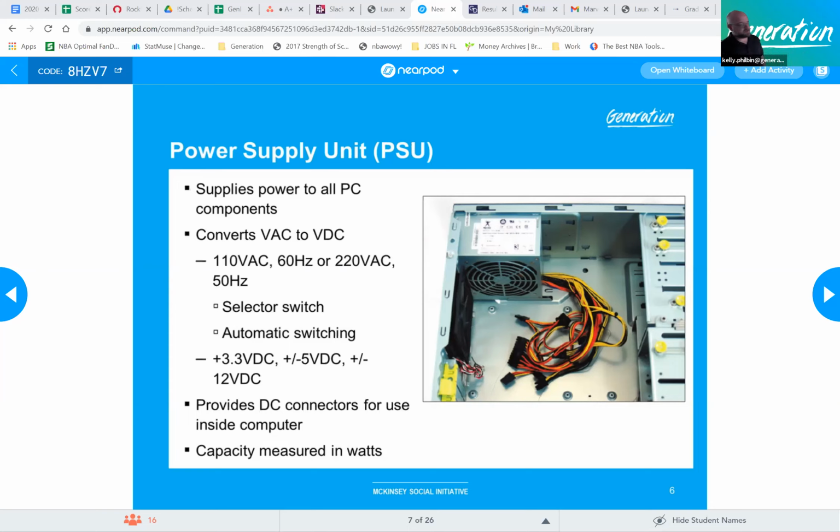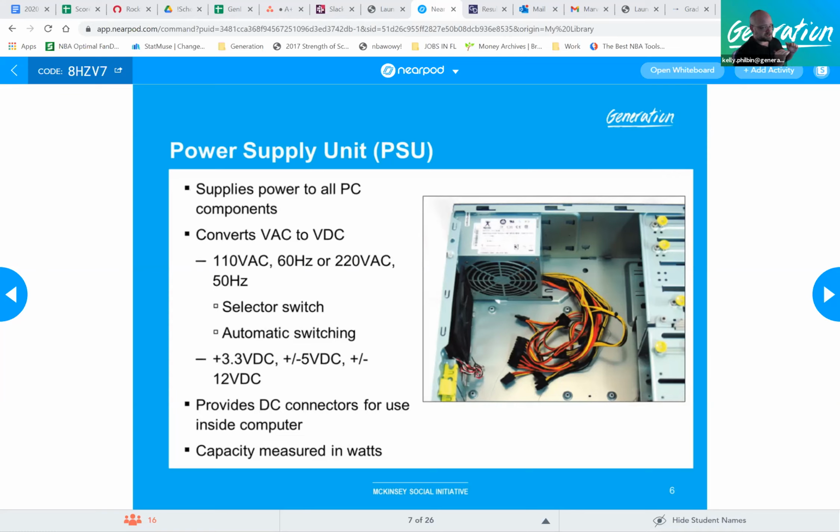Now, one of the things you always have to remember is it's technically 5 different, because you have 3.3 positive, you have 5 volt positive and negative, and you have 12 volt positive and negative. Depending on the component you're trying to hook up will determine which one you're using.